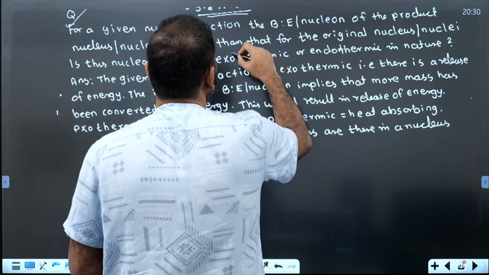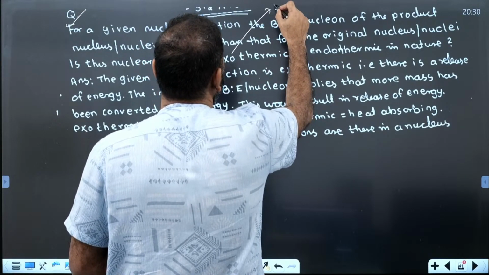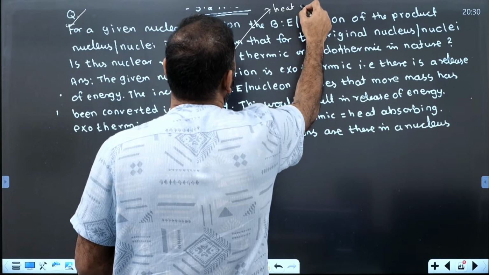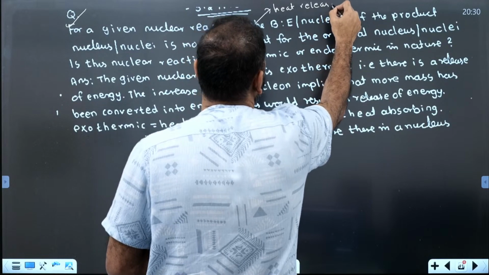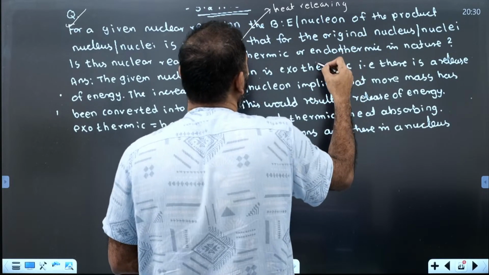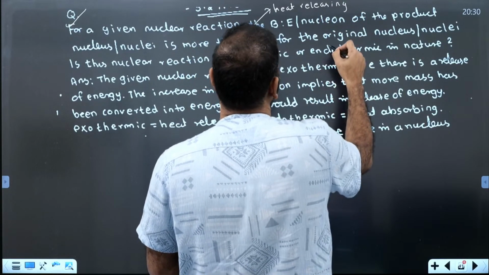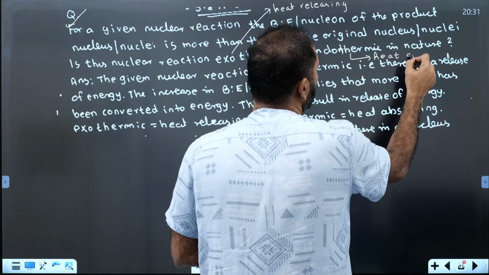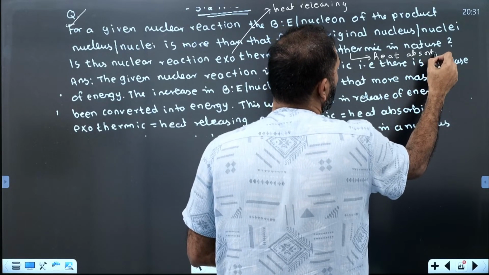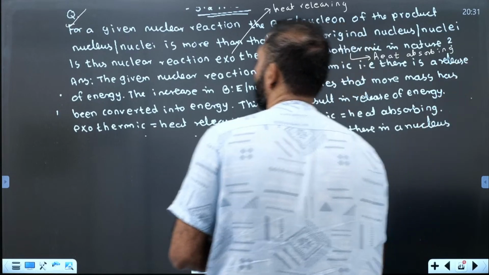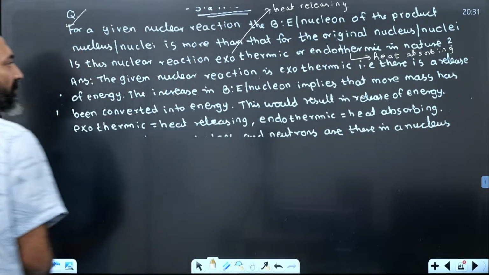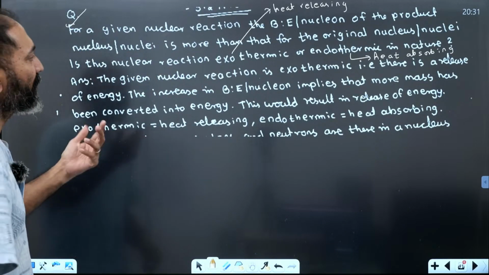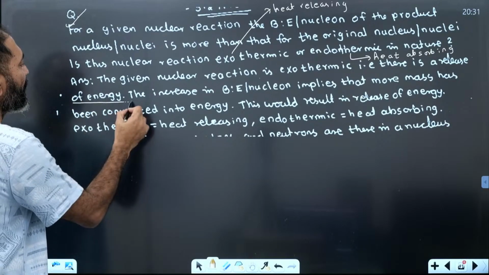Exothermic means energy, heat releasing; endothermic means heat absorbing. The answer: the given nuclear reaction is exothermic, because there is a release of energy.